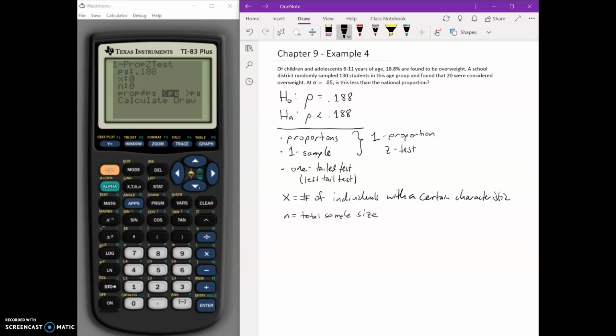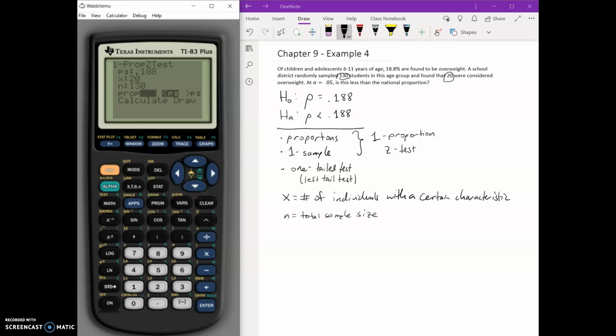In this case, we took a total sample of 130 students, and 20 of them were considered overweight. We're studying what percent of students are found to be overweight, so it makes sense to have X be 20, and N be 130. If we were looking instead at statements about not being overweight, then X would be 110, and we'd have to change what our p sub 0 would be.